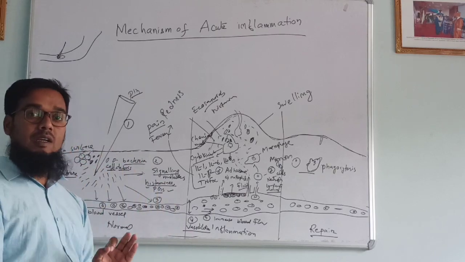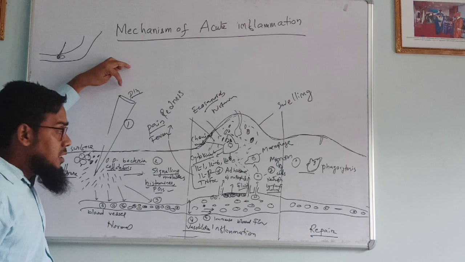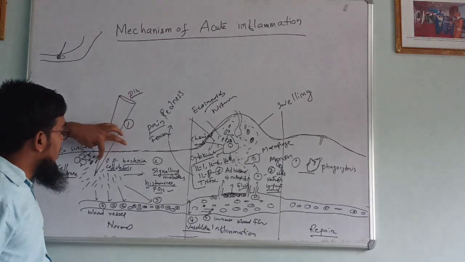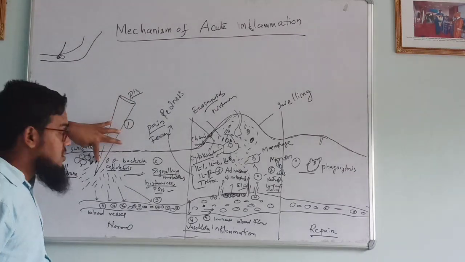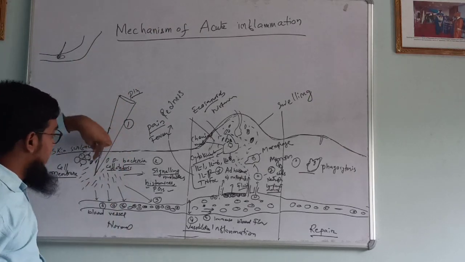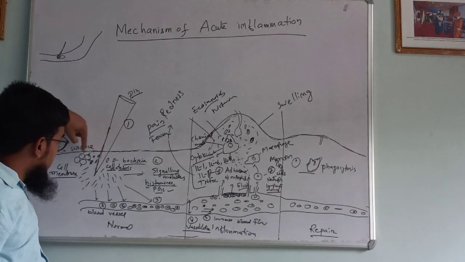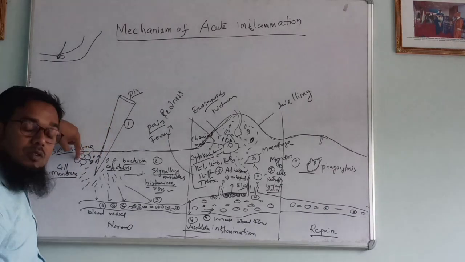We will recap it very easily again. First step, any injury or damage to the surface occurs. This is a pin, for example, which is causing the damage. Next step, some tissue is damaged.